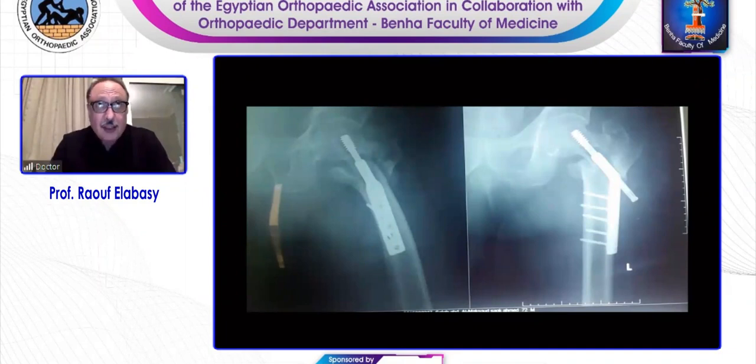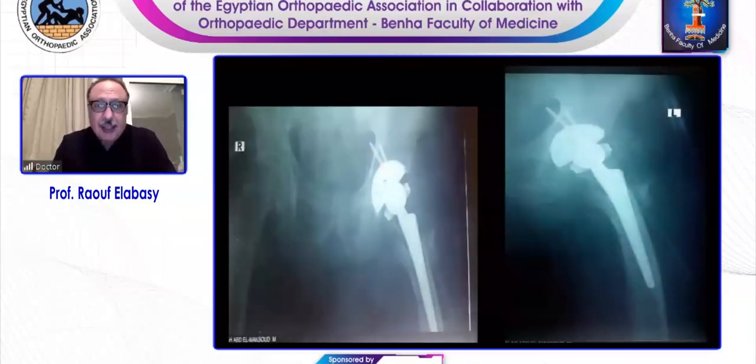In these cases, I prefer to do either a primary total hip replacement or to nail this fracture with a proximal femoral nail. And still the same, we have taken off the metalwork and we have done total hip replacement with a captive cup because the abductors were not in a good condition.